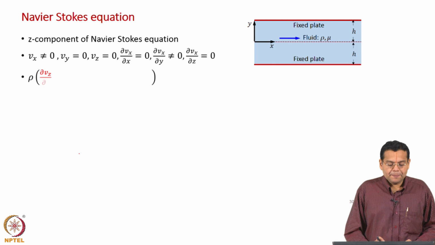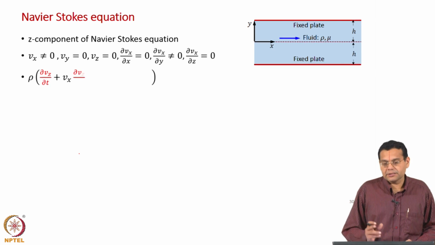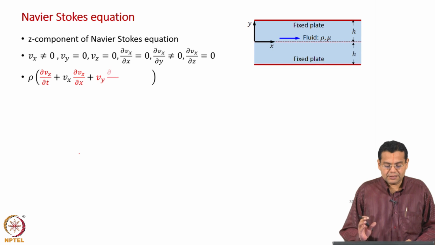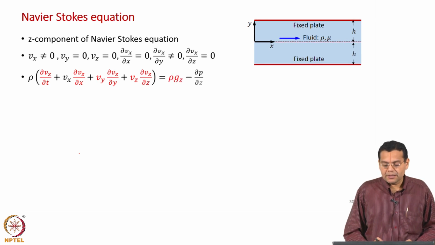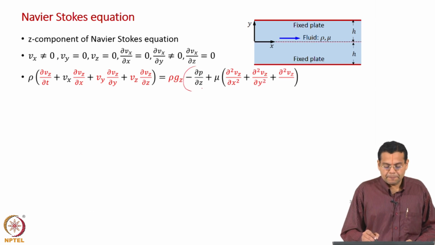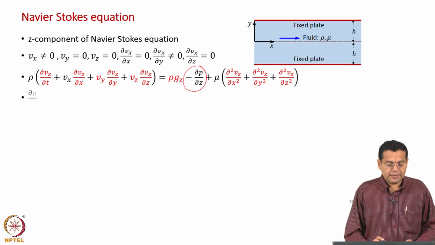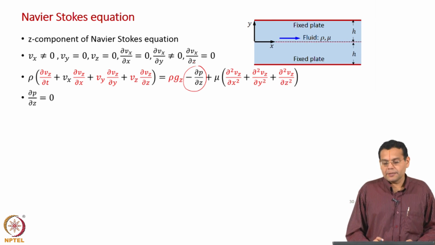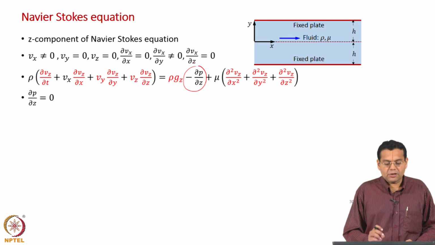So, left hand side of the z component of Navier-Stokes equation is 0 because Vz is 0, and in the right hand side there is no gravity term along the z direction, and the viscous stress terms are 0 because Vz is 0, and this gives us the pressure gradient along the z direction to be 0. Okay. Once again the z component of Navier-Stokes equation is same as what we have seen in the previous case of planar Couette flow.